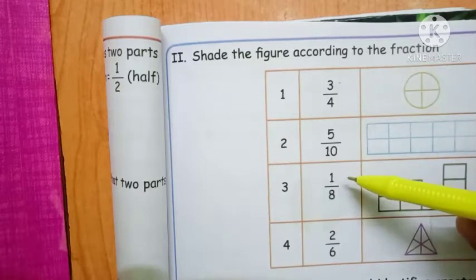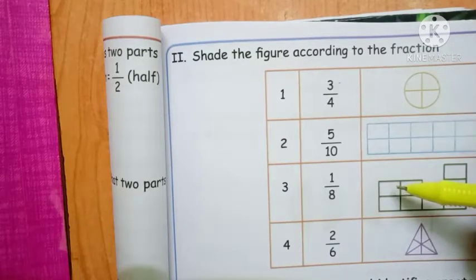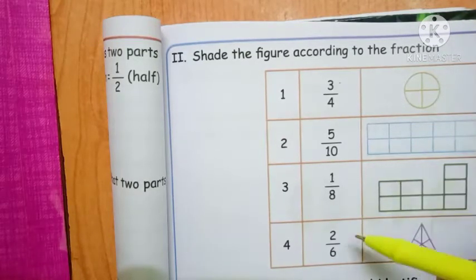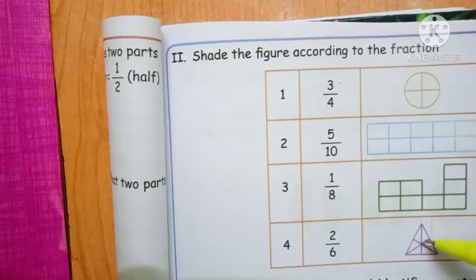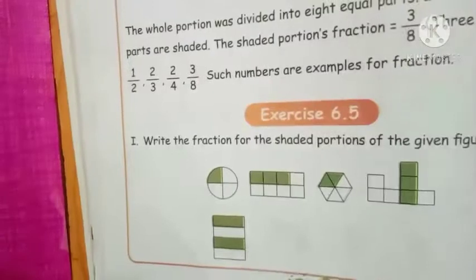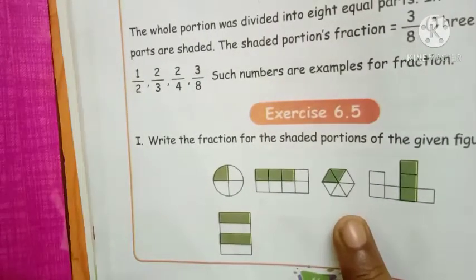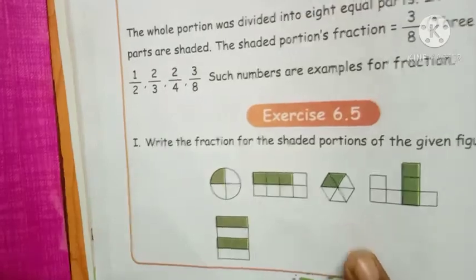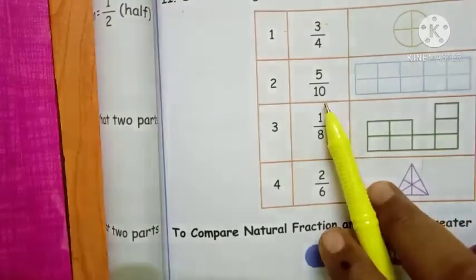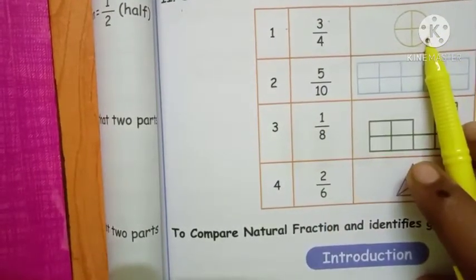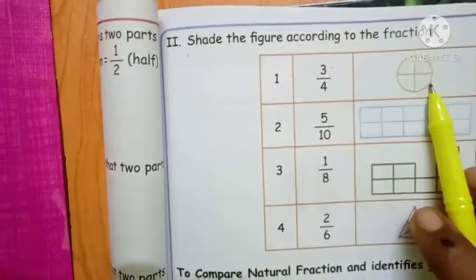Here only 1 is given, so only one place you shade. The next one, only 2 parts you shade. In the previous exercise the shaded part was given and you found the fractions. But in the second one the fraction is given, so you only shade the picture. Okay.